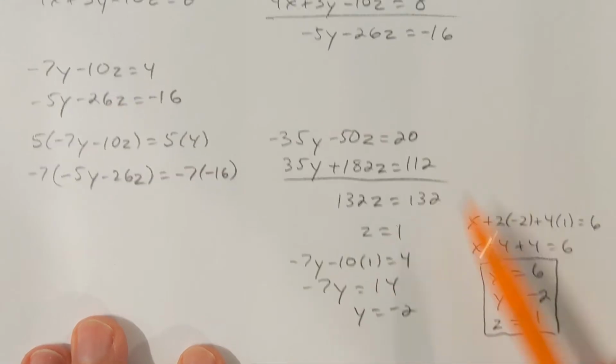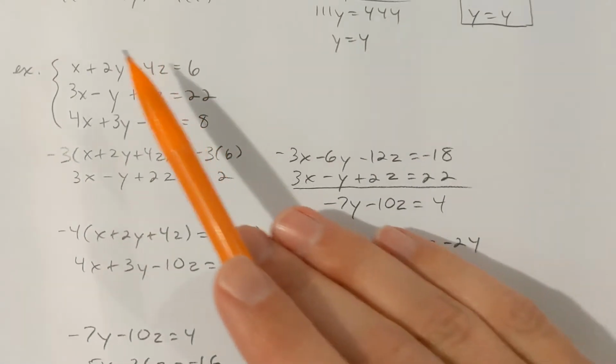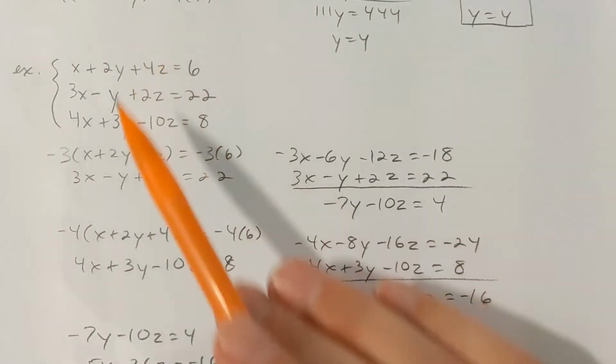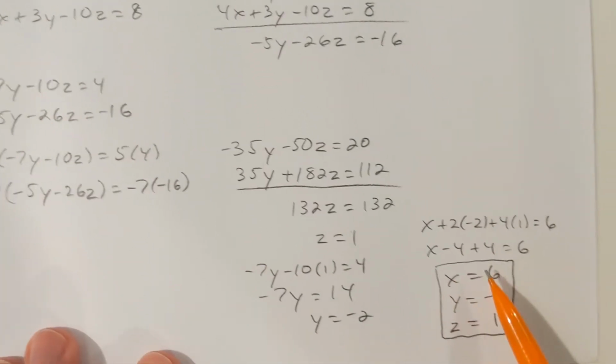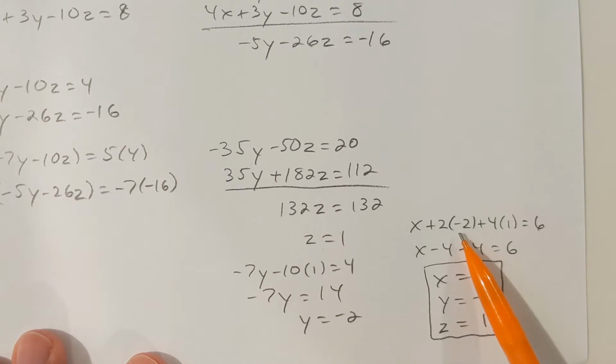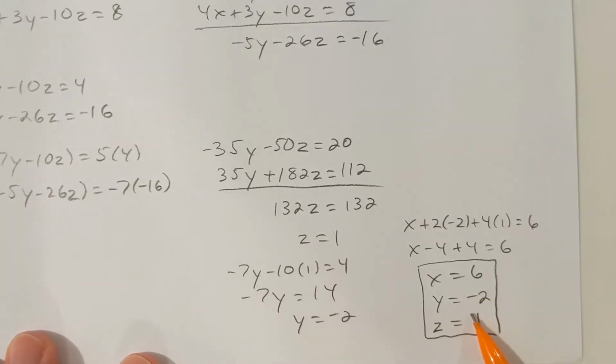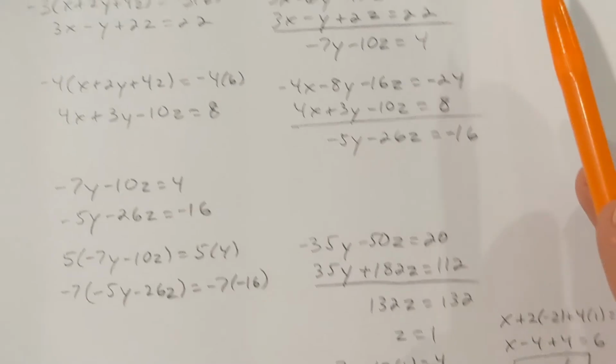Knowing that z is 1 and y is -2, I can use any one of the initial equations. I used the first one and I can get x. X is 6. So x is 6, y is -2, and z is 1.